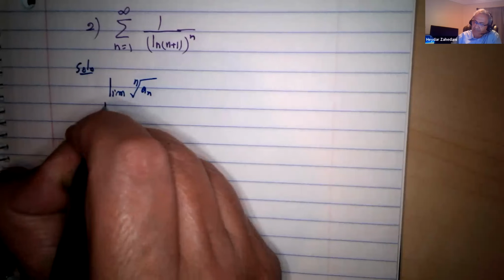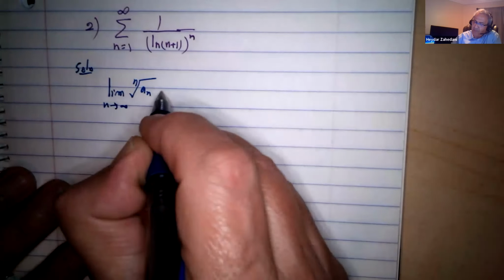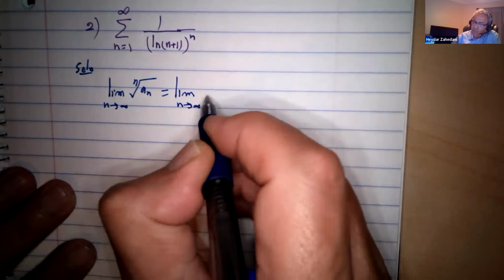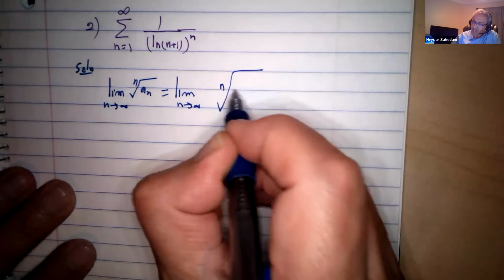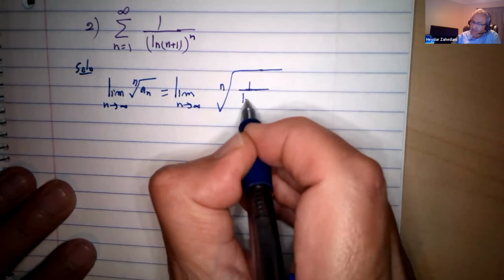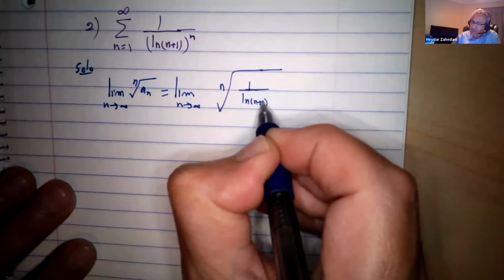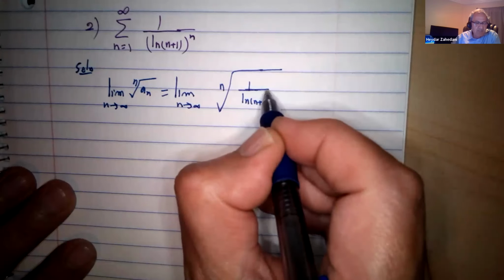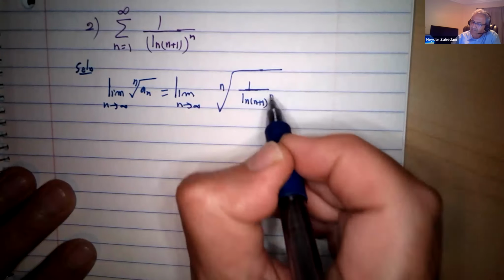So, solution: that would be the limit of the nth root of a_n, n goes to infinity. So that would be the limit as n goes to infinity of the nth root of (1 over ln of n plus 1), everything to the n.